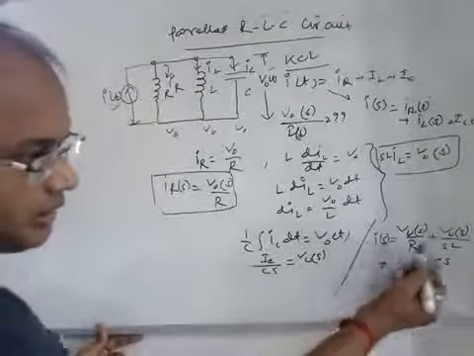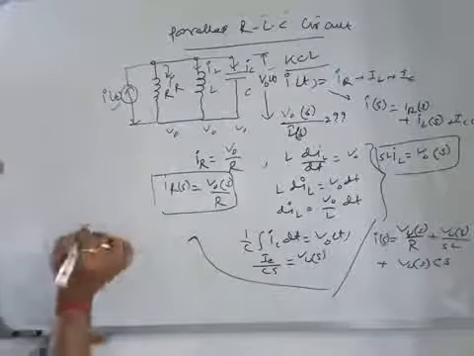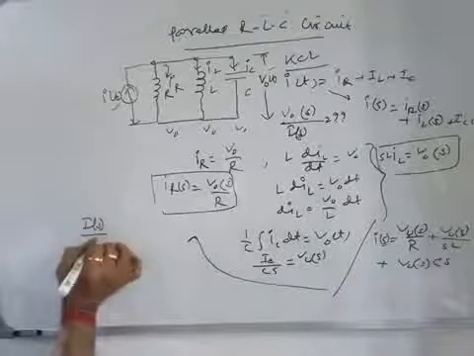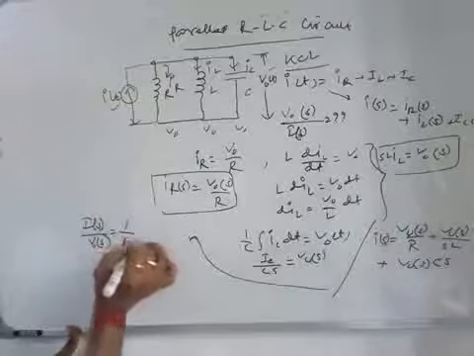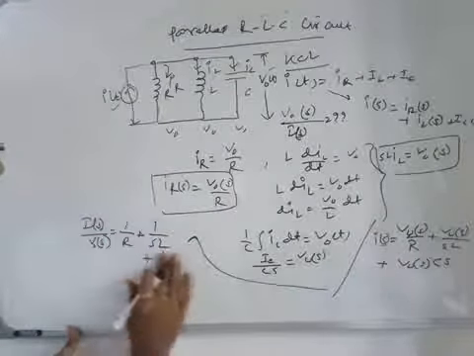So from this you get IS by V0(S) equal to 1 by R plus 1 by SL plus CS.